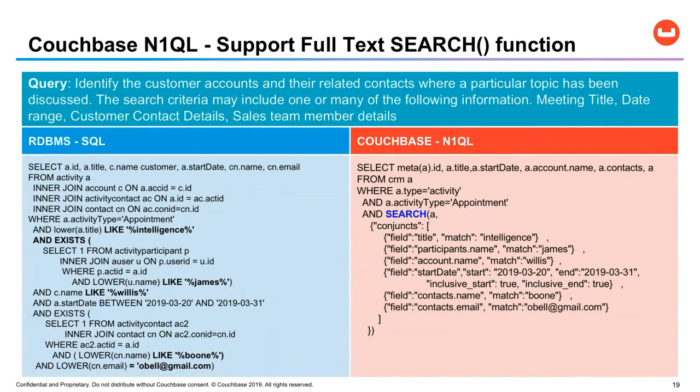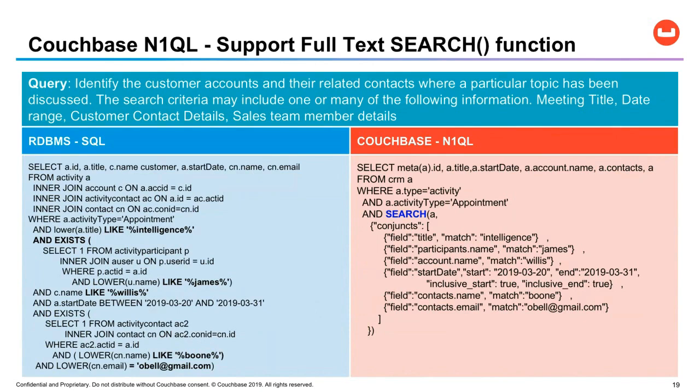For example, where the meeting title contains the text intelligence and the customer name like James, and also a join to search for the subquery. A lot of wildcards are used, but that is what will be required in standard SQL.